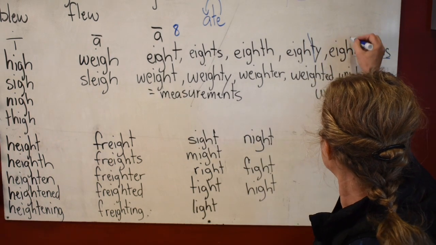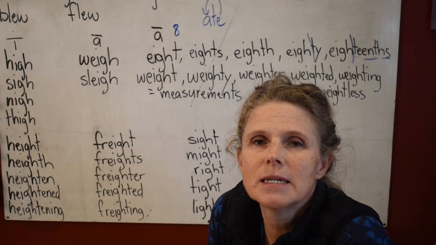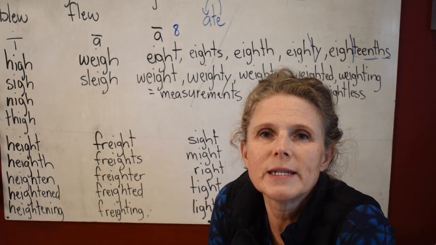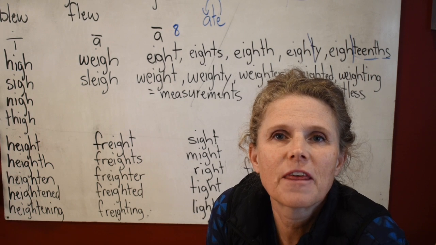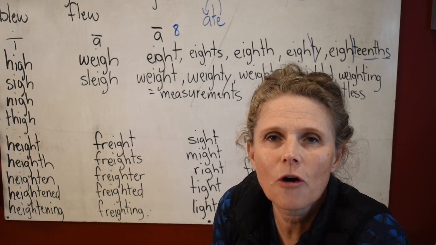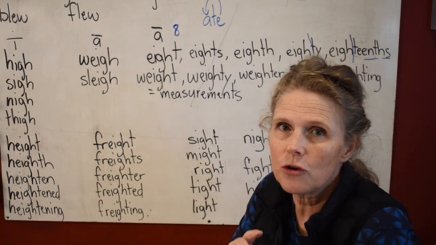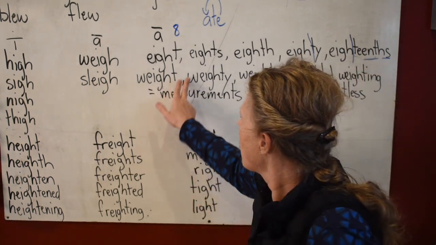So it's going to break right here: A-teenths, teenths. So that's how you would say that sound. Hopefully you've worked on your TH, because you won't be able to get that very well if you don't have your sounds.